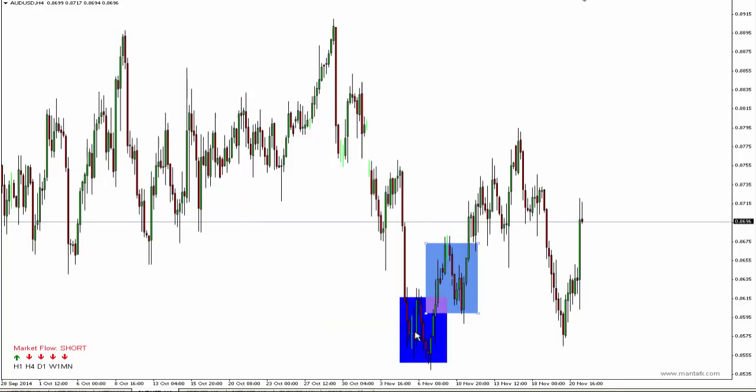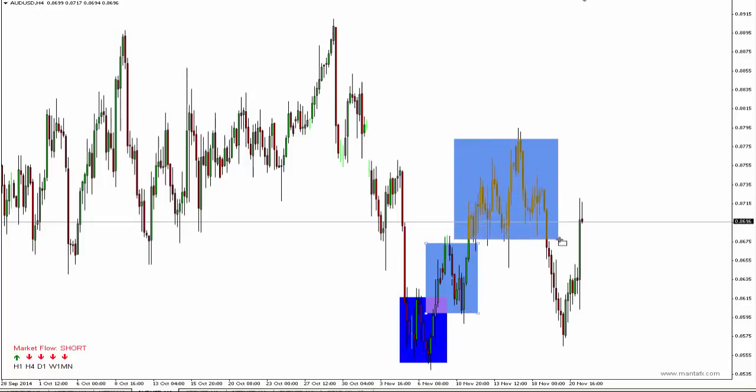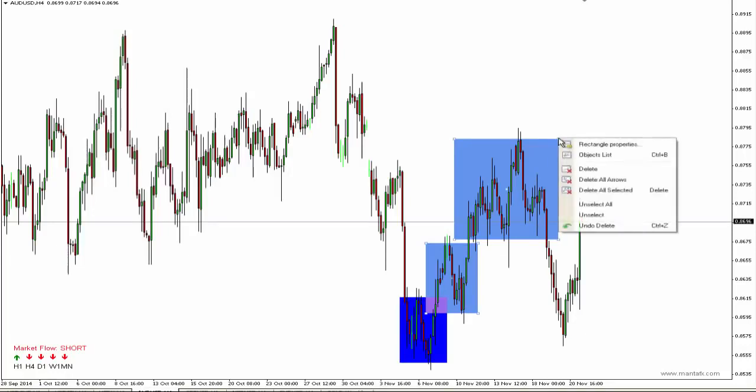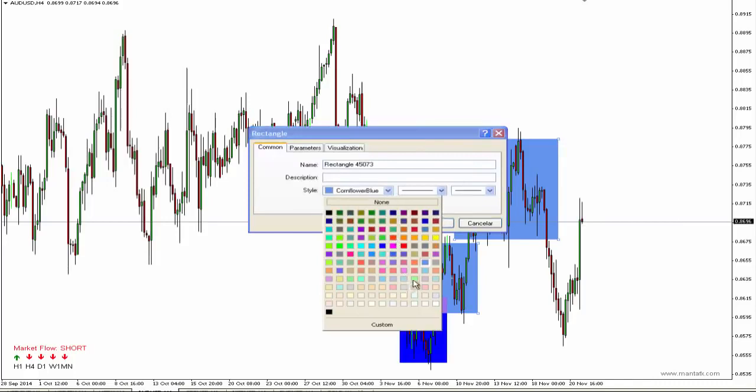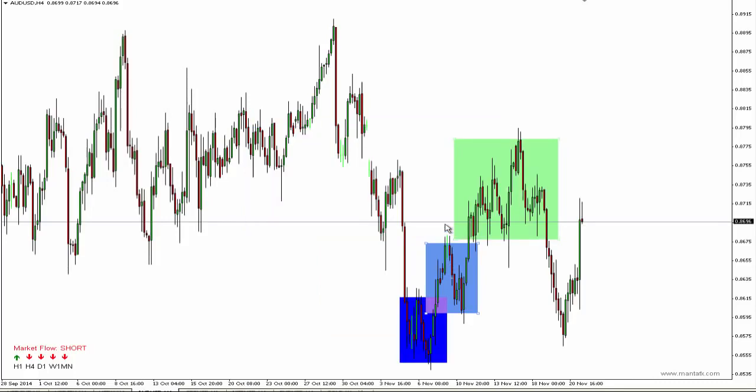So price broke out from this first consolidation, retested it, went up, then consolidated a little further, a little bigger consolidation as I mentioned before. Pretty awesome price action, if you will.